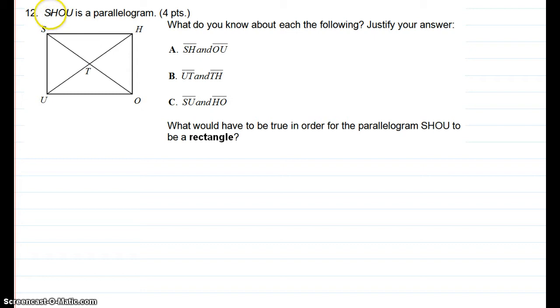All right, number 12, SHOU is a parallelogram. So what do you know about each of the following? Justify your answer. So we're going to look at SH and OU. Since we were told that it's a parallelogram, we know that the opposite sides are congruent.